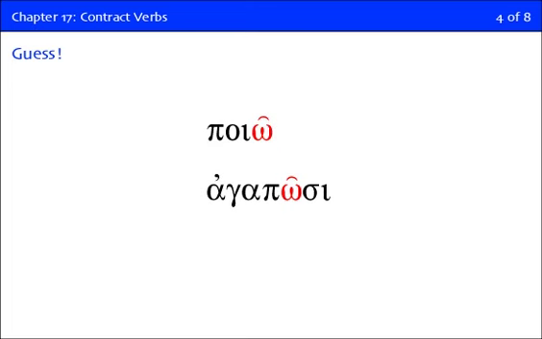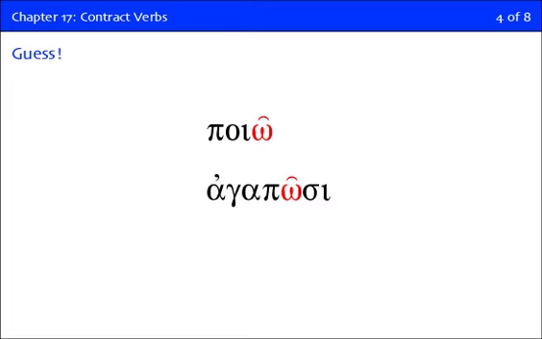Just a couple of others. This is another example of the verb poieo, epsilon contract, but how would you parse poio? Yeah, you may not know why the epsilon's gone, but you know it's got to be a first person singular, right? Well, one of the peculiarities of contract verbs is that if you have poieo, the only place you're ever going to see the epsilon is in the lexicon, because the lexicons list their words in their uncontracted form.